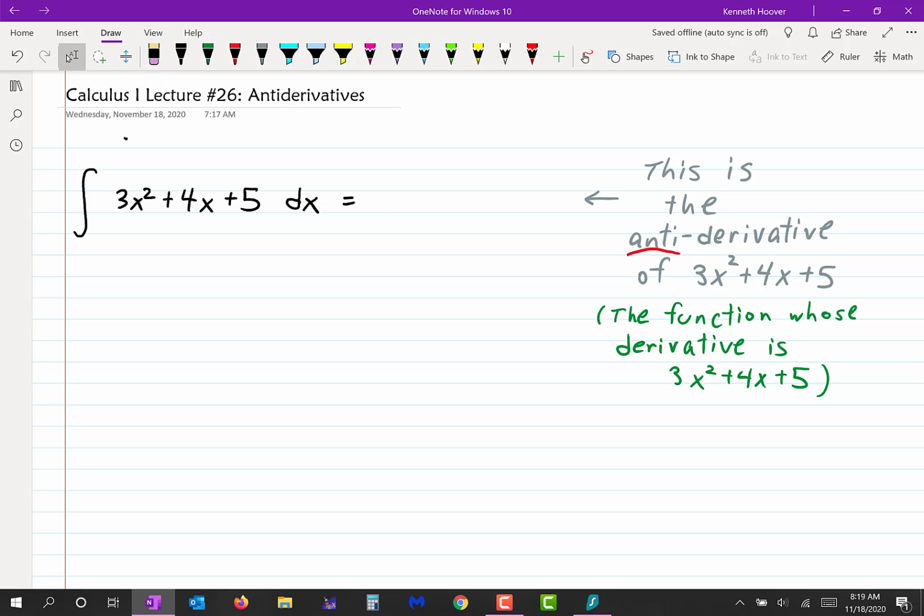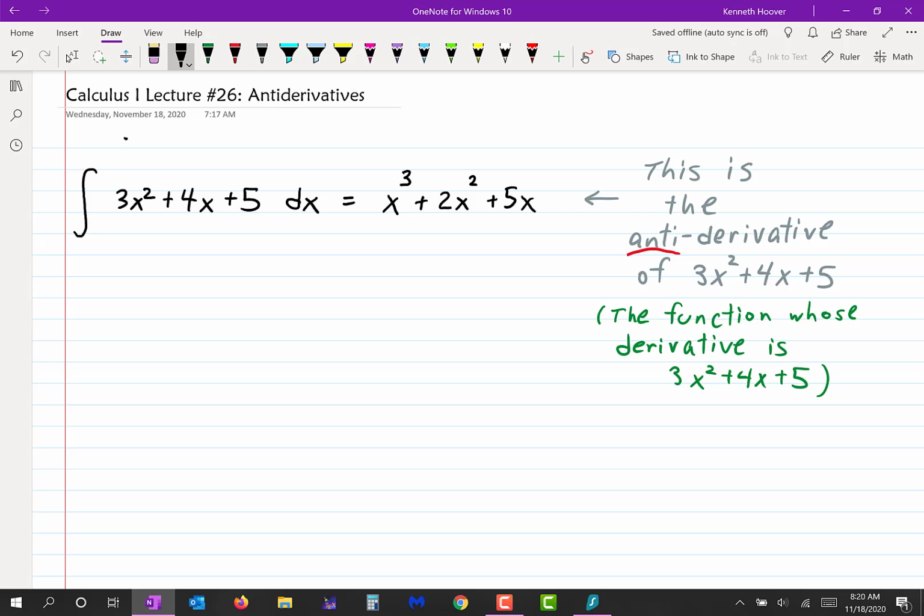Do you agree that that would be x cubed? Because the derivative of x cubed is 3x squared. Okay. Whose derivative is 4x? Do you agree that that would be 2x squared? Because the derivative of 2x squared is 4x, right? Whose derivative is 5? Do you agree that that would be 5x? Because the derivative of 5x is 5.